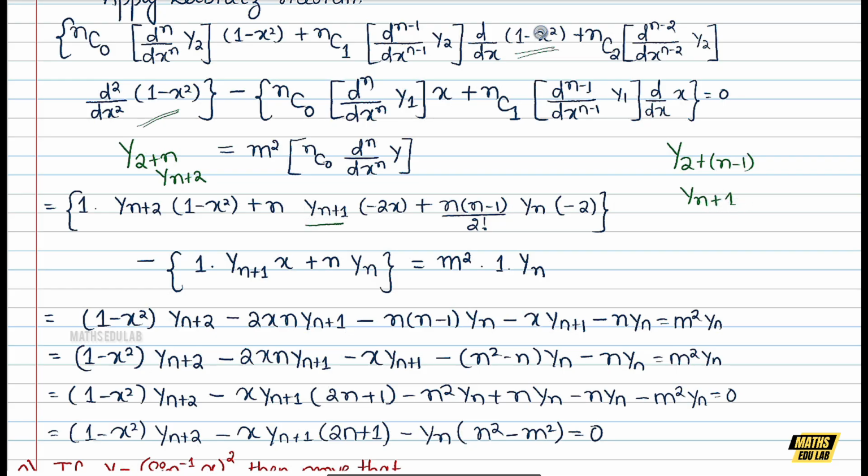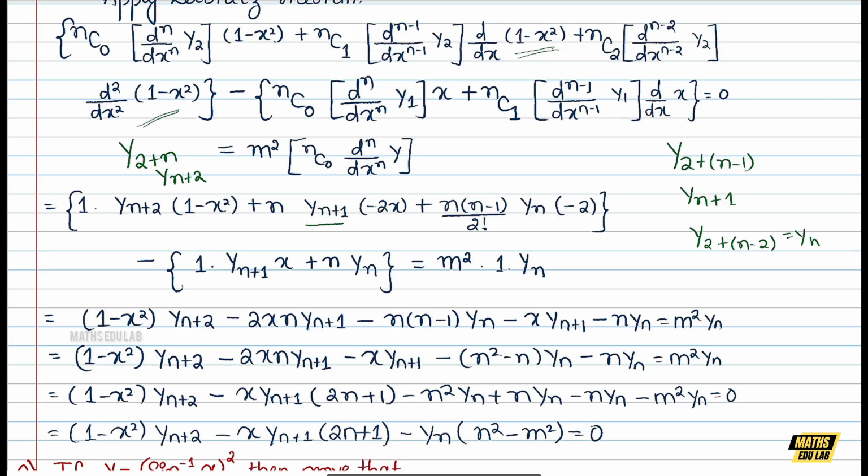Then the derivative of 1 minus x^2 will be minus 2x. Plus, the value of nC2 is n(n-1)/2 factorial, and for y2 the power n minus 2 gives yn, and then the second derivative of 1 minus x^2 will be minus 2.